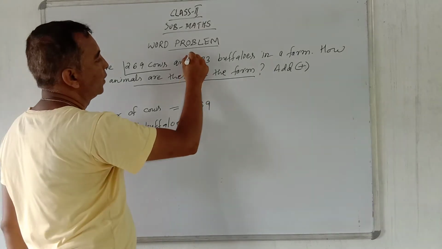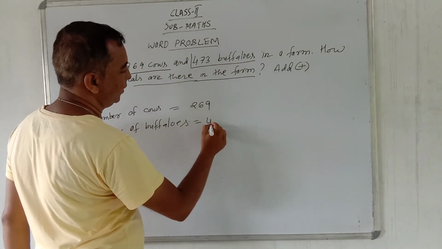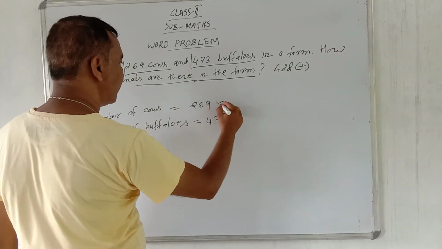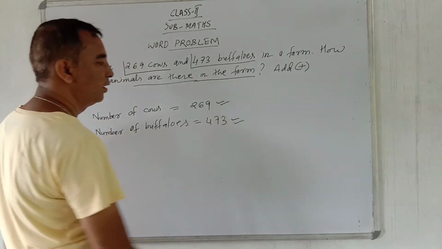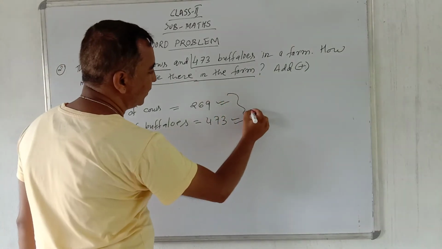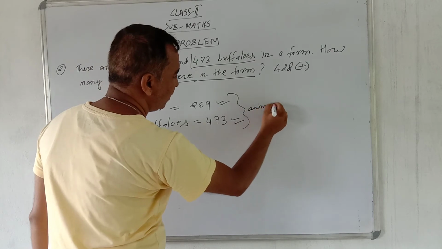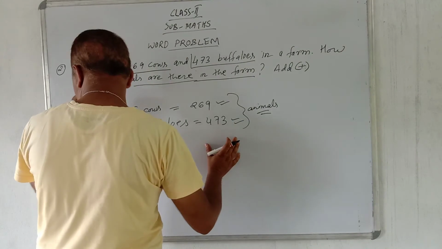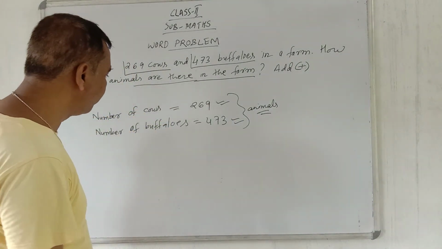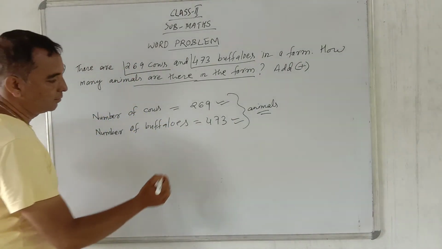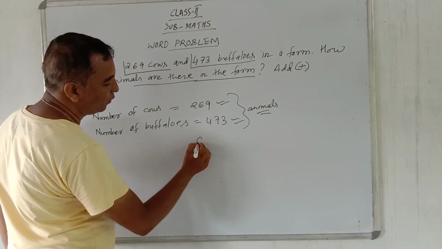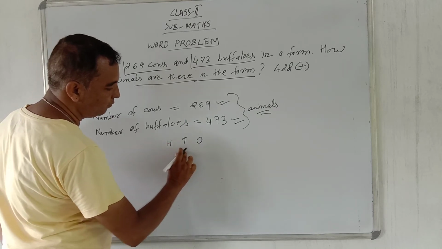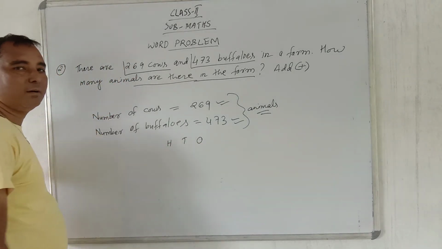How many? 473 buffaloes. Clear? 269 cows and 473 buffaloes. It means they both are animals. So how will we find the answer? By adding these two numbers, we will get the answer. Understood? Again, the process is ones, tens, hundreds. So never forget to arrange the numbers in this form.